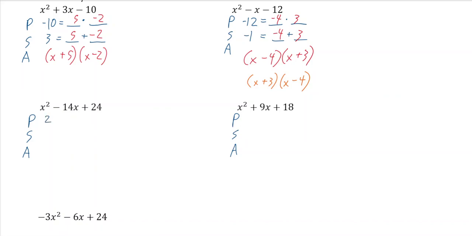Okay, over here we've got 24 and negative 14. So two numbers that multiply to get 24 and add to get 14. We have 12 and 2, and if they're both negative, they get 14. So it's x minus 12 and x minus 2.